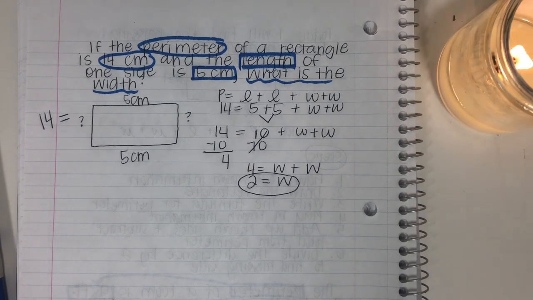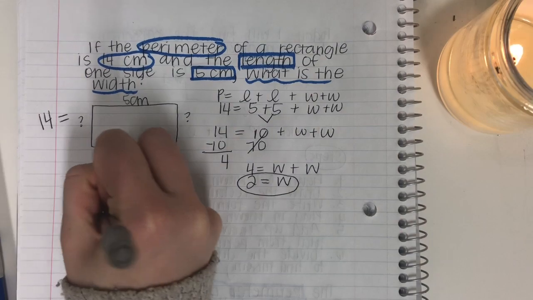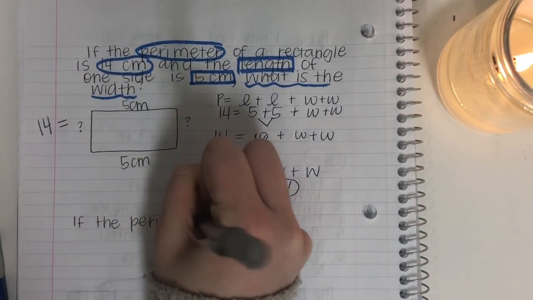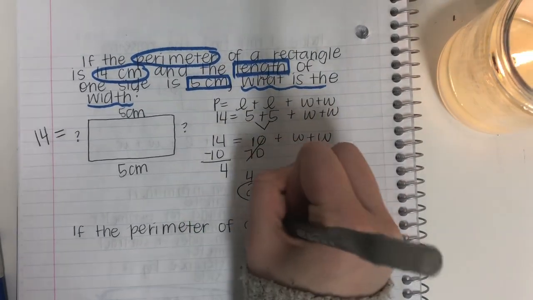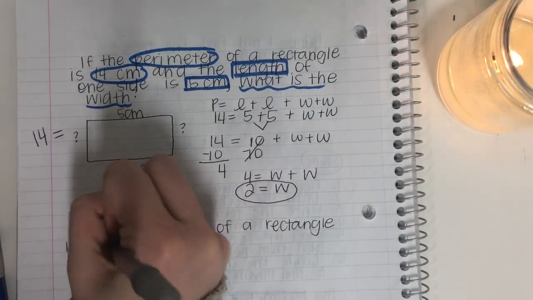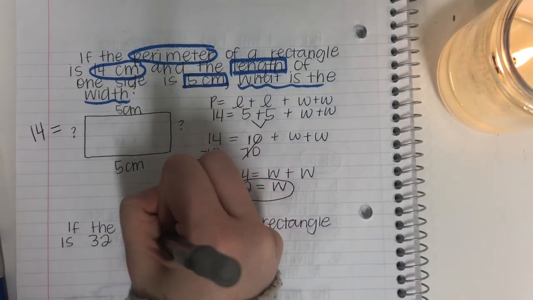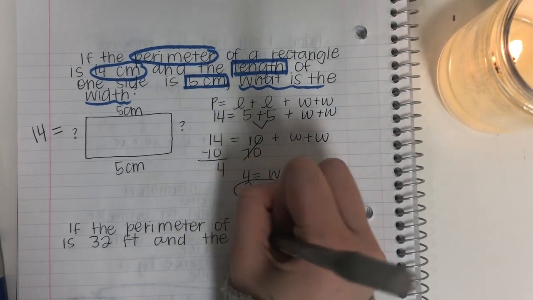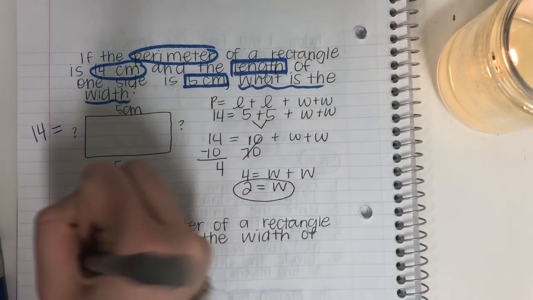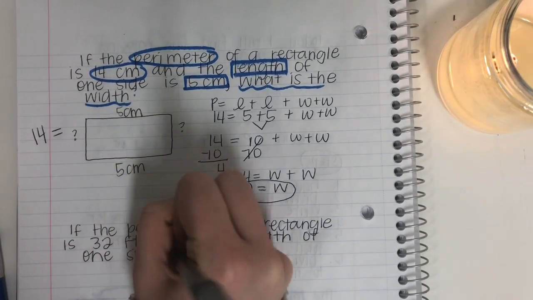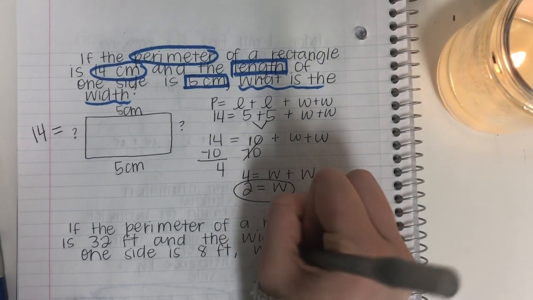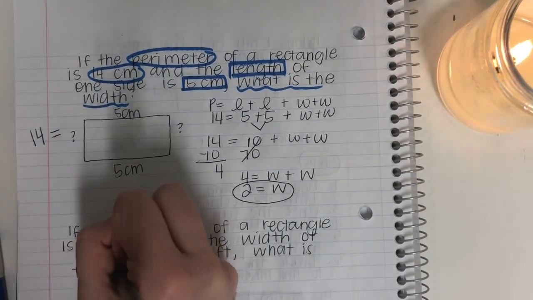Let's do, if the perimeter of a rectangle is 32 feet, and the width, so now we know the width, and we're probably going to be missing the length, so the width of one side is 8 feet. What is the length?